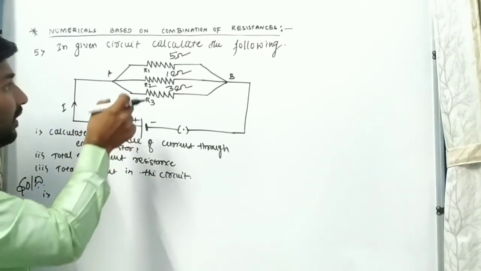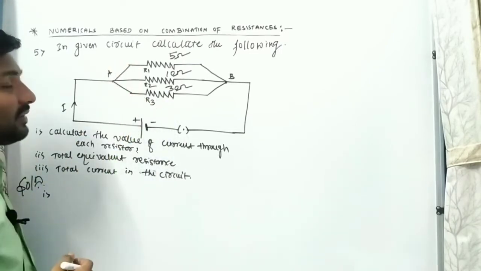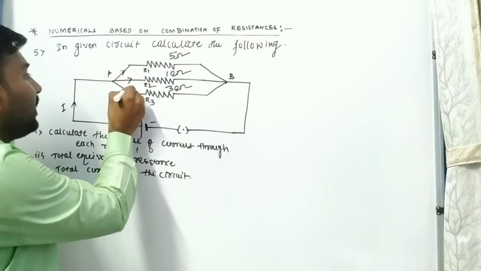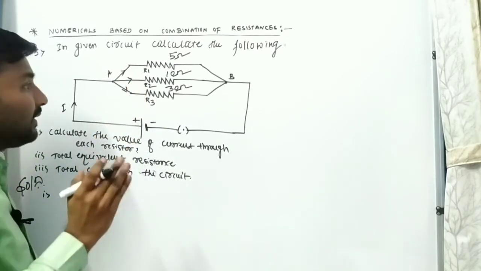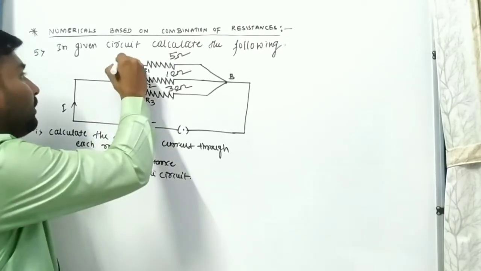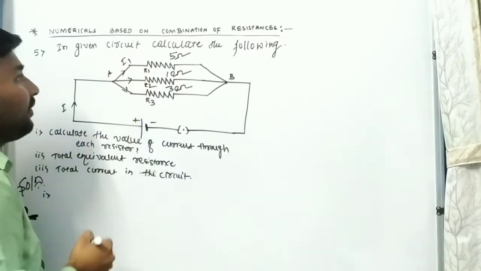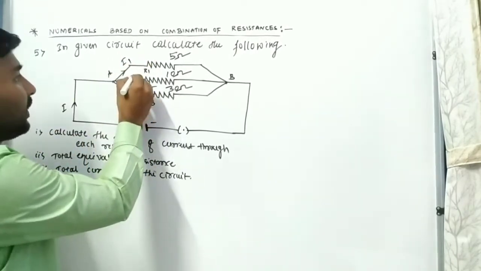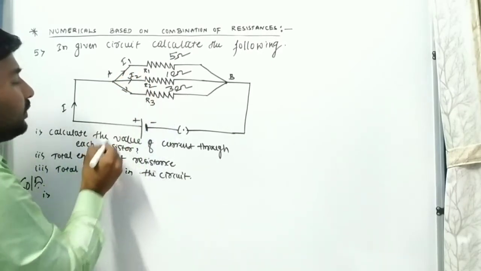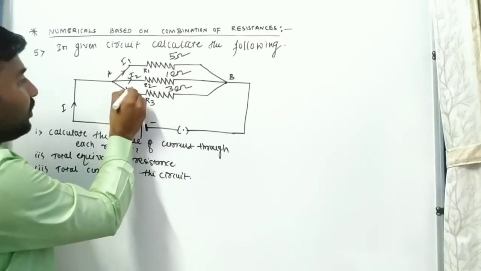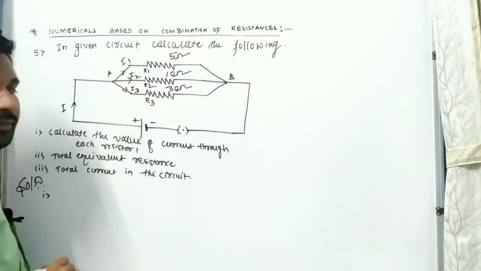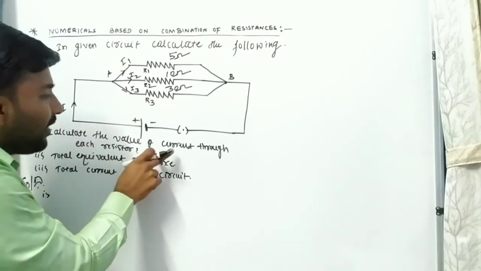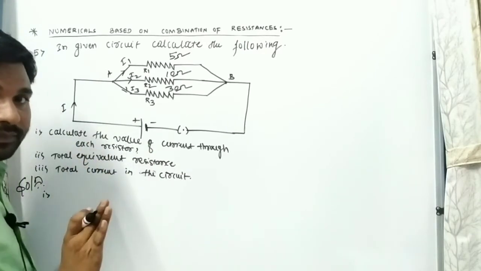As they are in parallel, the current flowing through each resistor is different. So let's suppose the current through the 5 ohm resistor is I1, through 10 ohm is I2, and through 30 ohm is I3. Got the point? So here we need to calculate the value of current through each resistor.